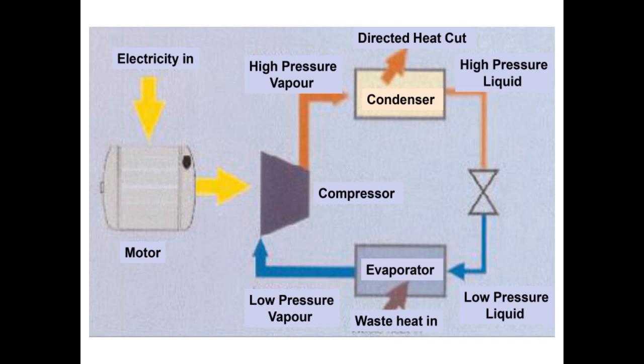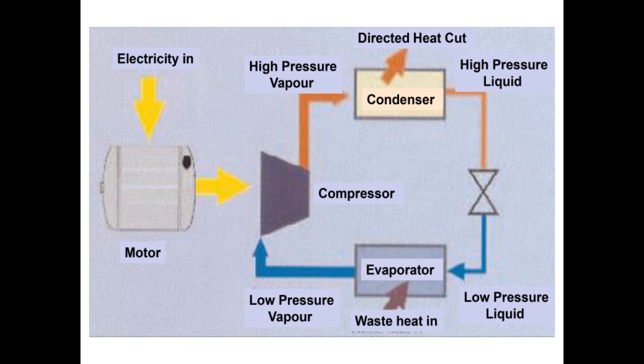So this is the schematic diagram of the heat pump working. Not a general pump, the heat pump working circuit is given here. From the low pressure liquid, from there we start.